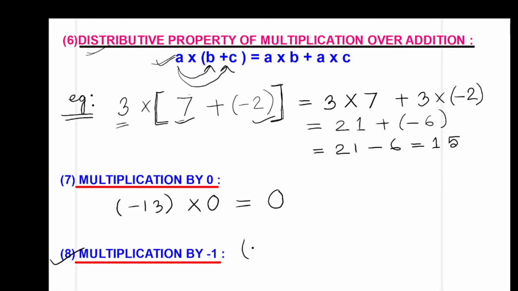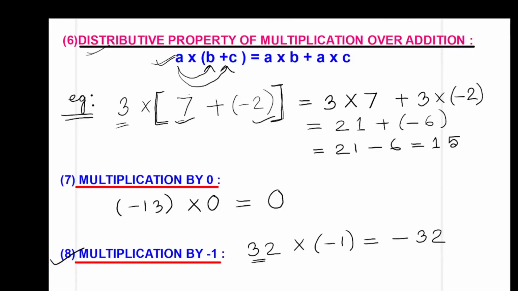Suppose you are multiplying 32 with minus 1. When there is a negative symbol, it is better to give the bracket. When you multiply 32 with minus 1, you get the additive inverse of that number, that means minus 32.